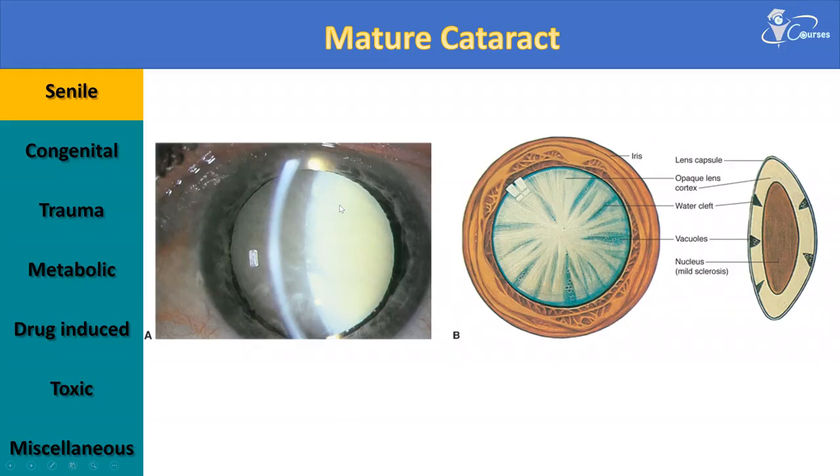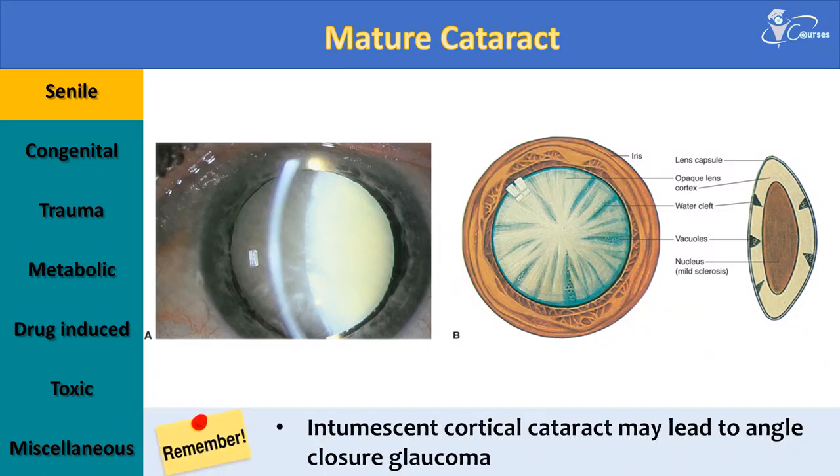It will result in angle closure by this swollen lens, which pushes the iris. It's called phacomorphic glaucoma. We will discuss it in the glaucoma section, but now you understand its basis. So intumescent cortical cataract may lead to angle closure glaucoma. This is very important.